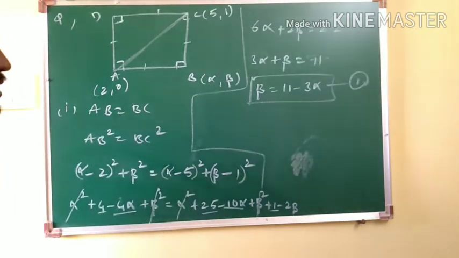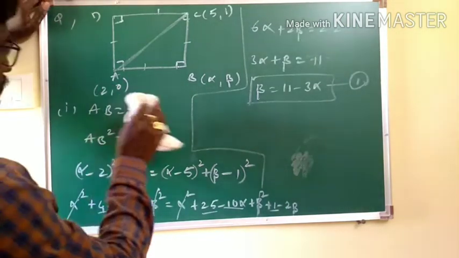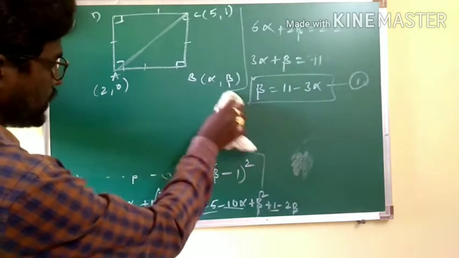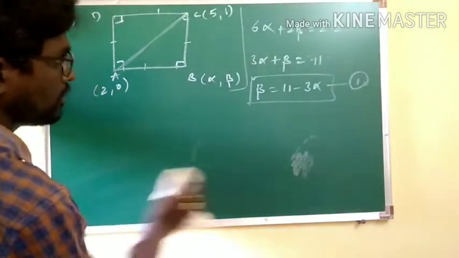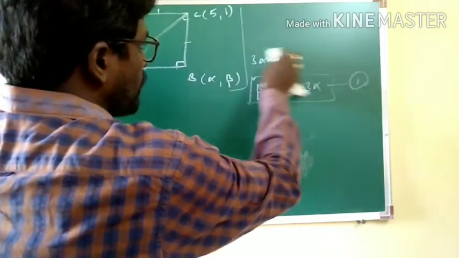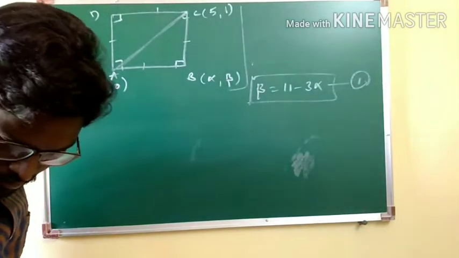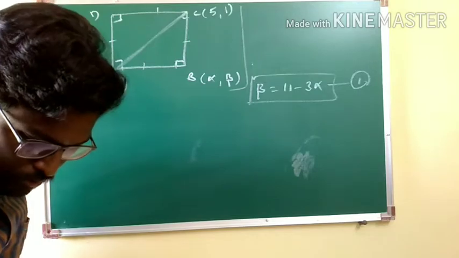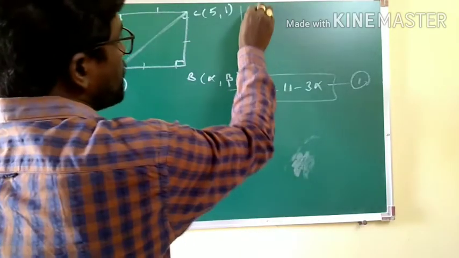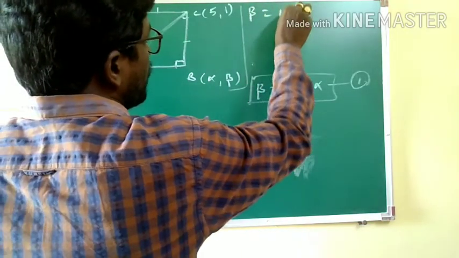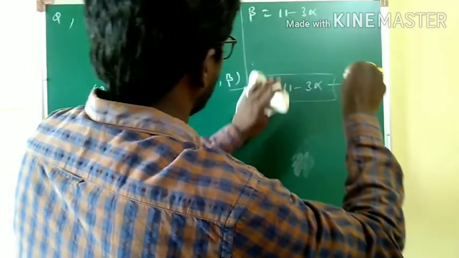I am just erasing this part. AB square is equal to, this condition I am going to write here just for my board convenience. Beta is equal to 11 minus 3 alpha.